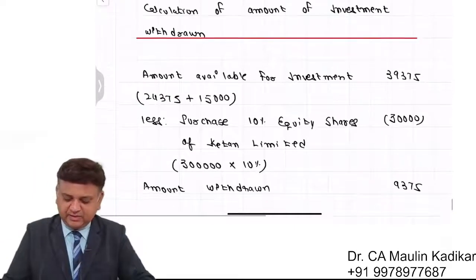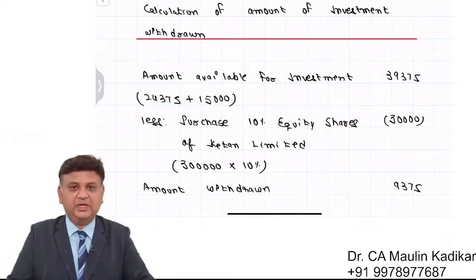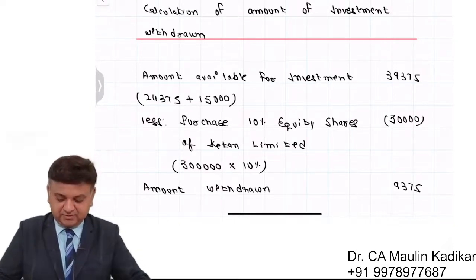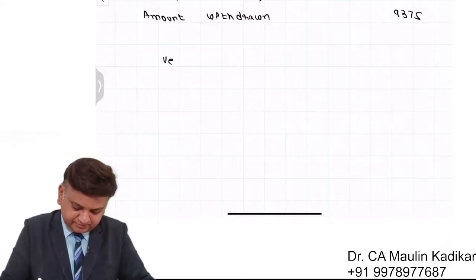So basically an amount of rupees 9375 will be withdrawn, and in spite of its withdrawal, the income will remain the same. Let us check. The verification.